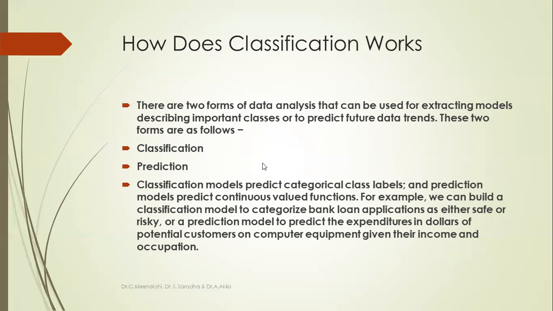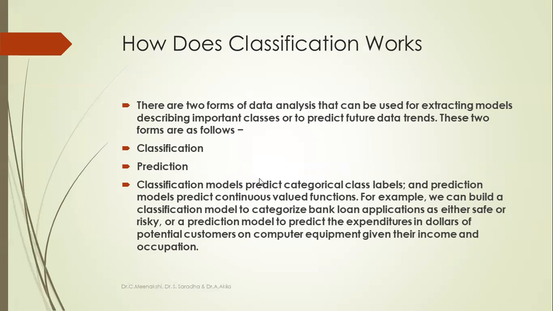And prediction is based on his income and the details he has provided regarding his occupation, his payment, salary slip, all those things, depending on the properties he has. Based on that, I can predict whether he will be able to pay the bank loan back, whether he is able to support that expenditure, whether he is able to repay it.